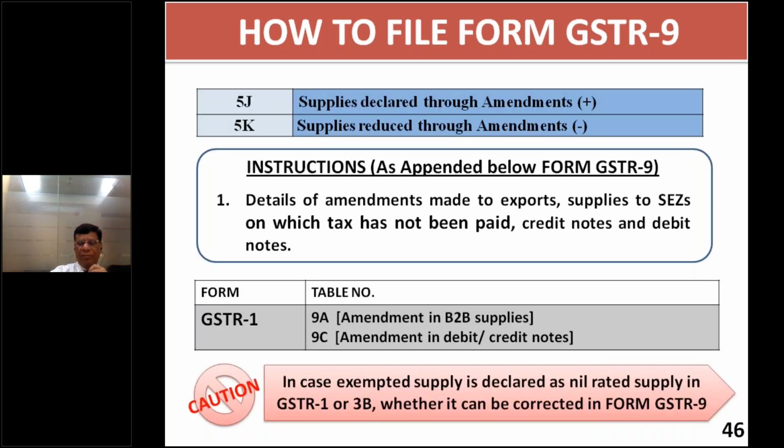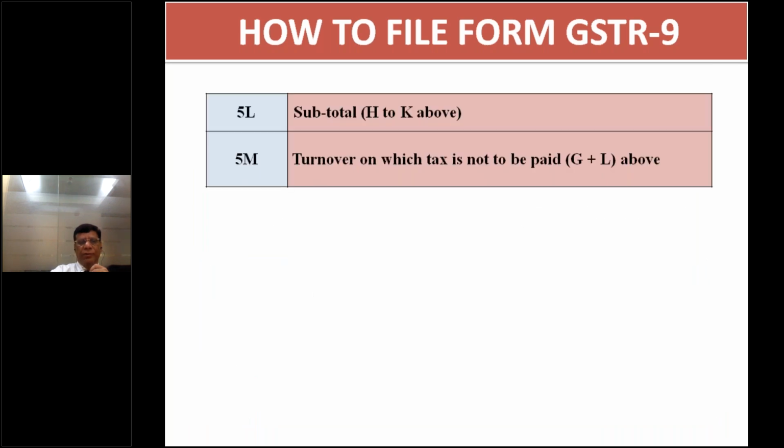We will cumulatively deal with the issues and we will be applying such questions in totality while considering the issues. So table 5L is a subtotal of H to K above and 5N is the turnover on which tax is not paid. Earlier in 4N we came to know the total supplies on which tax is paid and 5N the total on which tax is not paid.